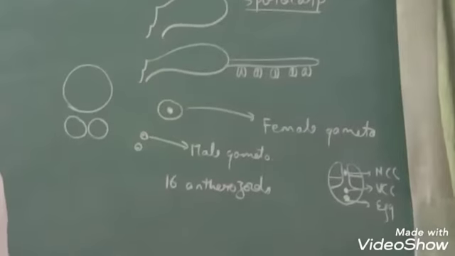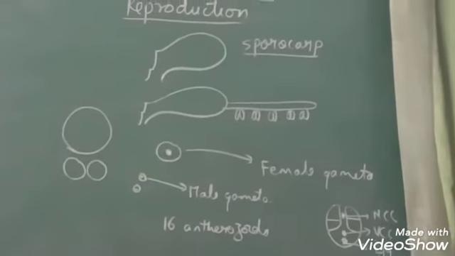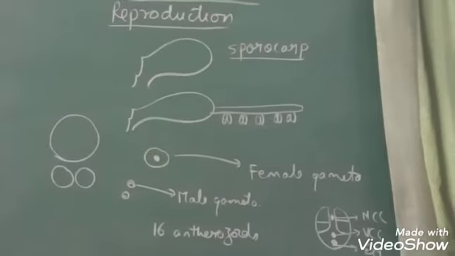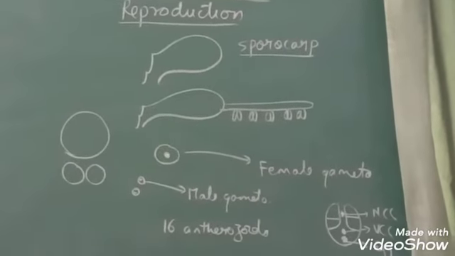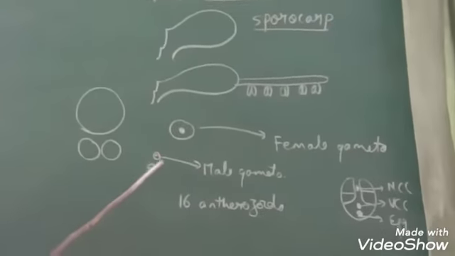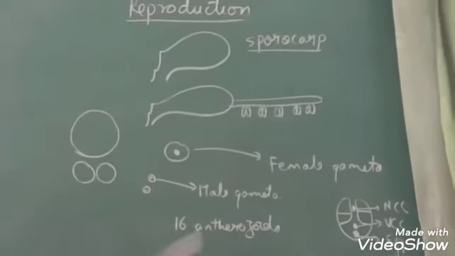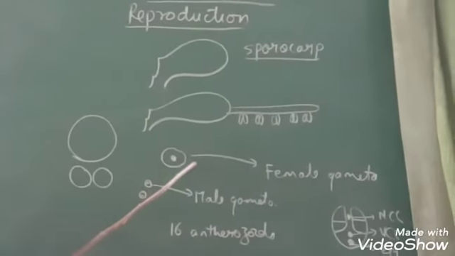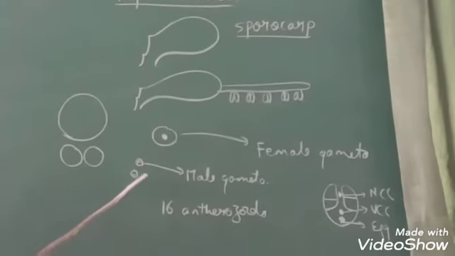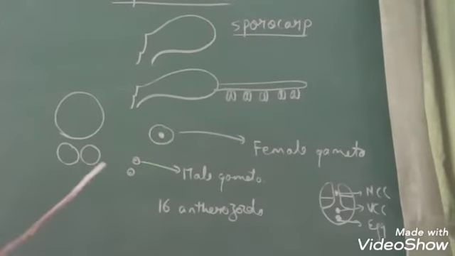1953. Coming to the reproduction of Marsilea, as I told you earlier, Marsilea is heterosporous and it makes two types of spores: large female megaspores and small male microspores. The megaspores are produced from the megasporangium and microspores from the microsporangium.